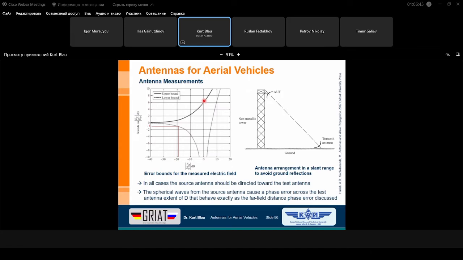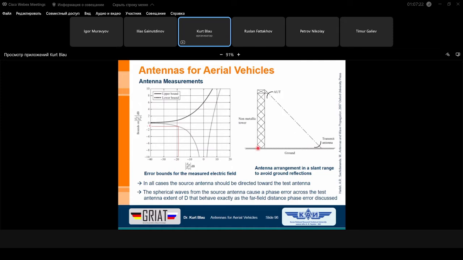We cannot use this. To overcome the ground reflections, you can see here a measurement setup shown in this sketch. We have the ground, we have only one tower. This saves material for the second tower, and our transmit antenna or illumination antenna is also mounted near the ground. This means the antenna is not touching the ground, only located near it.